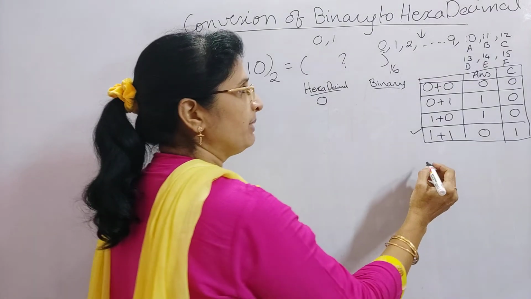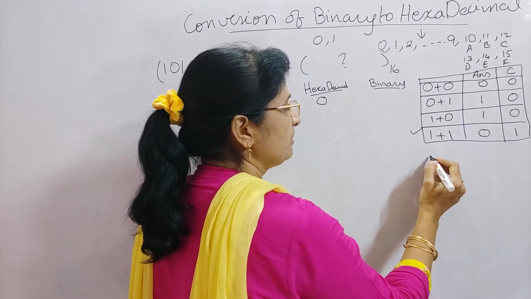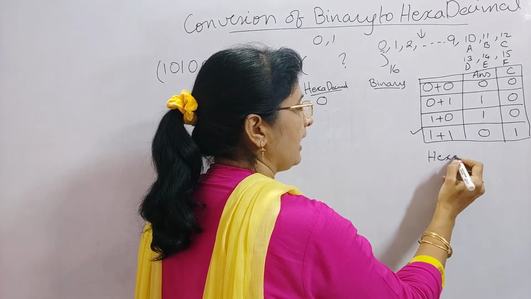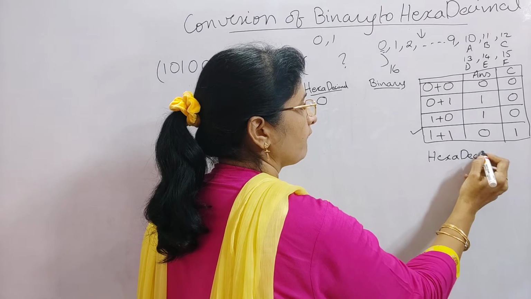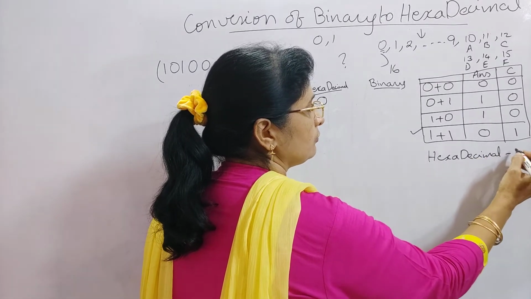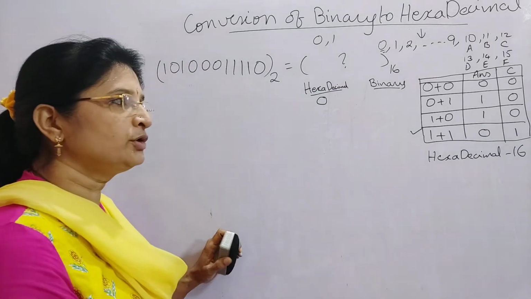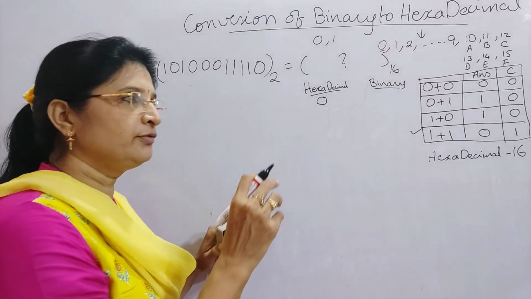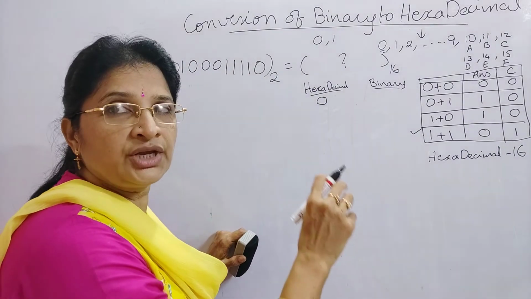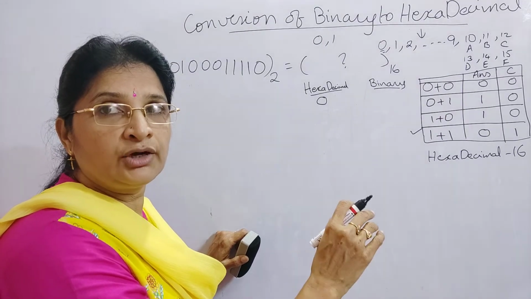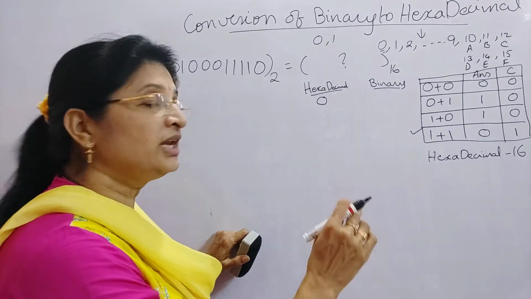While writing the binary code, in hexadecimal, how many unique digits do we have? 16. If you want to write the binary codes for the 16 individual digits uniquely, how many bits are required?